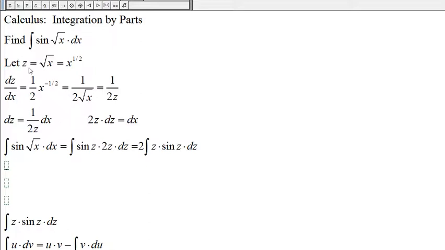The derivative of z with respect to x is 1/2, and then subtract 1 from the exponent.